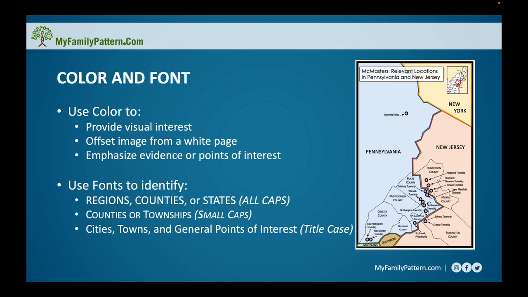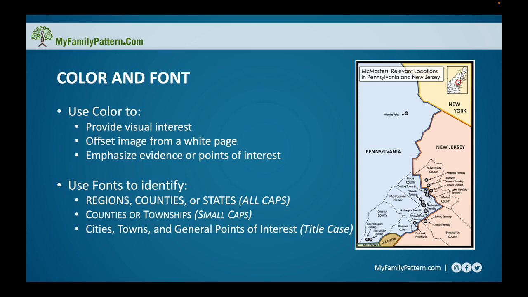And then anything below that, like a city, a town, or anything else that might be of interest that you want to point out in your map, do typical title case. And that helps the reader quickly identify what regions or what that reference to a name or geographic boundary is referring to.